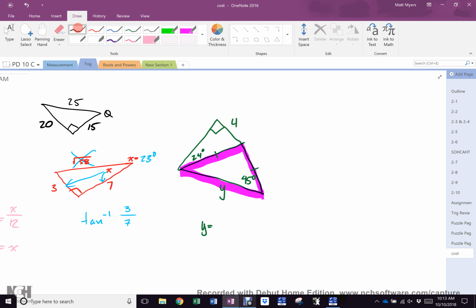I know that if that and that are the same, then that angle and that angle are the same, which means this is 45, right? If that is 45 and that is 45, what does that make this? 90. So now I'm looking for a hypotenuse, which I still cannot get, can I? Not yet. I need one more side.